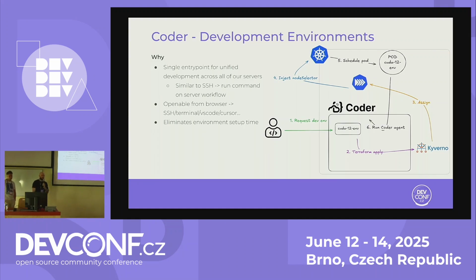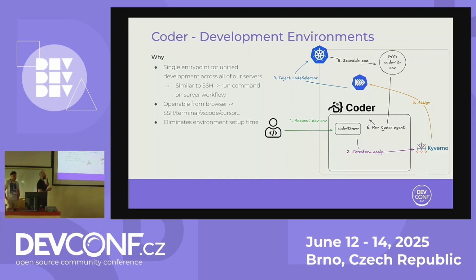You get a single entry point for all of the servers inside the cluster, and you also get the usefulness of being able to open the pod remotely inside the IDE of your choice. So we are using Cursor or VS Code, but there are many plugins, including IntelliJ, etc. You can also open a terminal from the web browser or SSH into the pod itself. And a really great benefit is that it eliminates the end user environment setup time, because everything is pre-prepared and you just fill in some values.